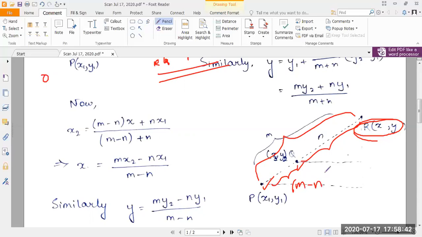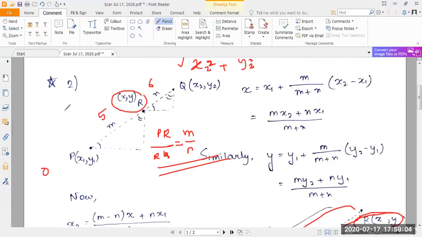Now we know from the previous explanation the relation for the point which lies in between 2 points. So for the time being, let's imagine Q is the point which divides the line segment PR internally in the ratio m minus n is to n. You see, this diagram would then become similar to the previous diagram.